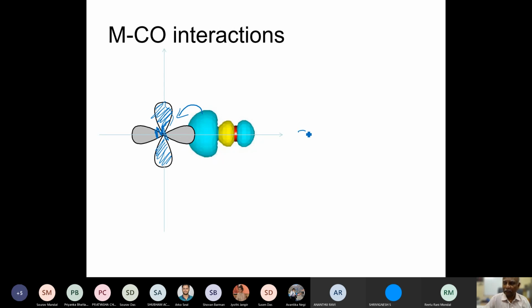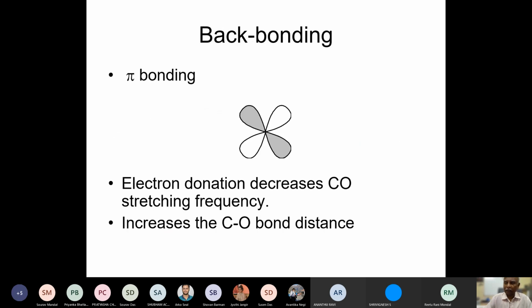So this is a sigma interaction, because any amount of rotation along this axis will not change or affect the overlap of the carbon 3 sigma orbital with an empty metal orbital. So this is called a sigma interaction.